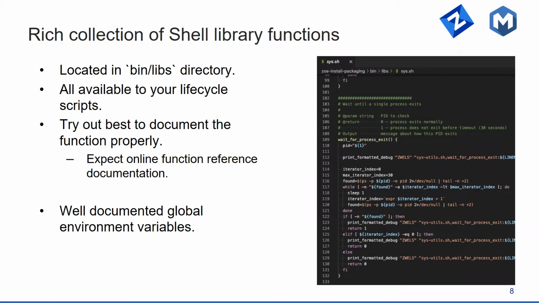Besides the shell library functions, we also try to improve something from version 1: we try to standardize the usage of stdout and stderr. Every time you see an error, it goes to stderr. And if you see information or just the regular log, it shows up in stdout.